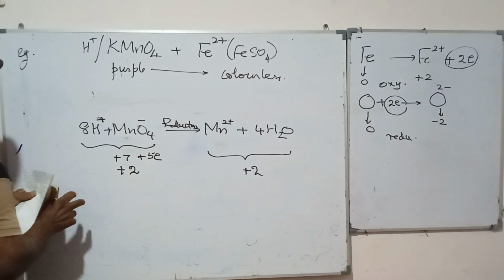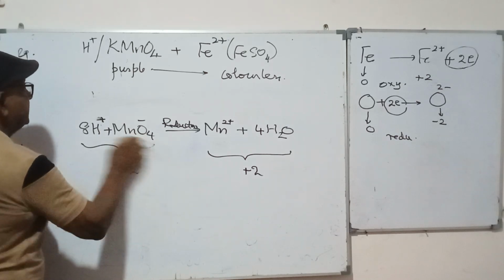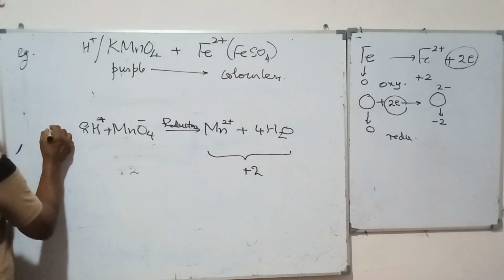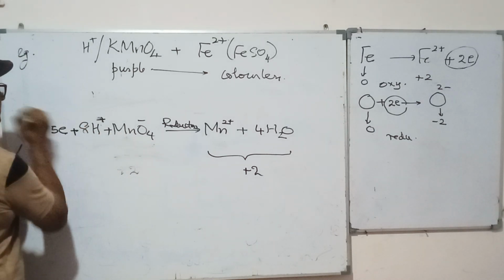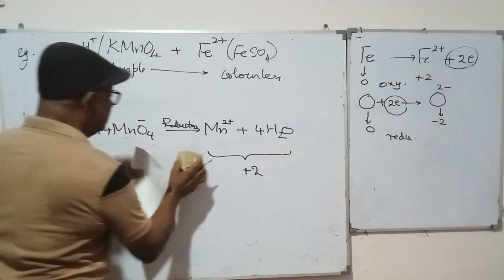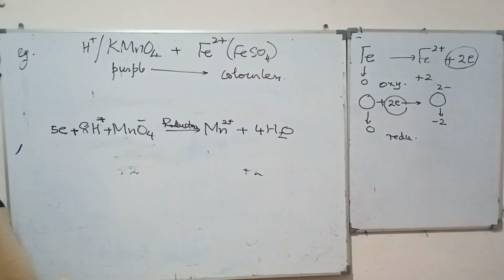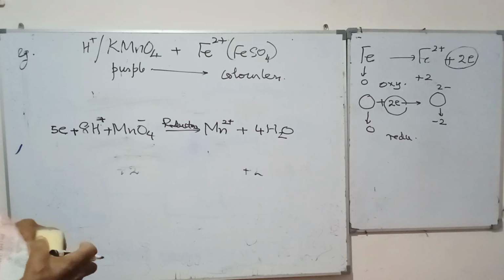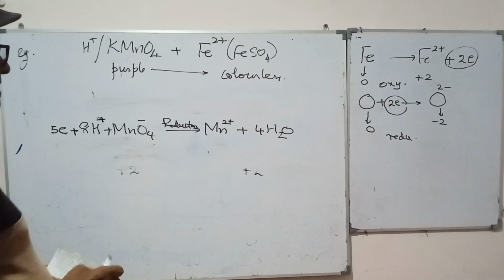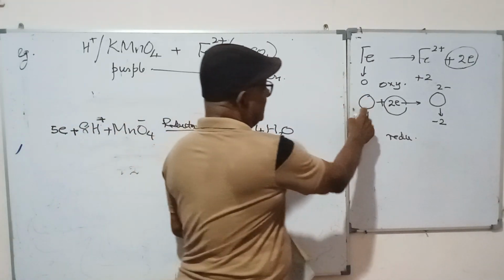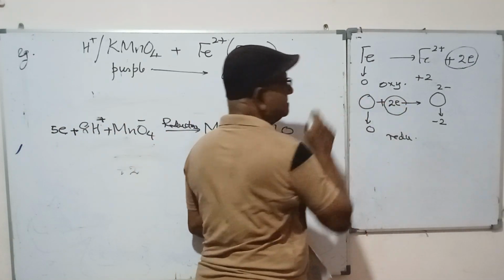Then I can write here 5 electrons like this. This is the balanced equation. So, I told you that during the reduction, addition of electrons takes place.